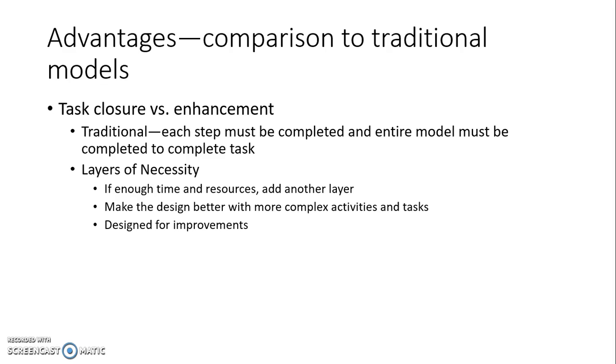The layers of necessity model, in contrast, says that if there are enough time and resources available, then go ahead and add another layer. You can make the design better with more complex activities and tasks. So in other words, Tessman and Wedman's model is designed with improvements in mind.